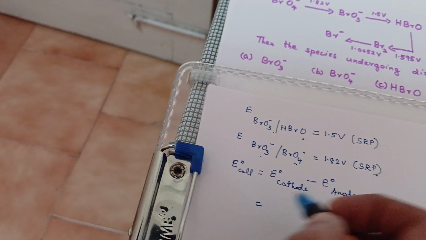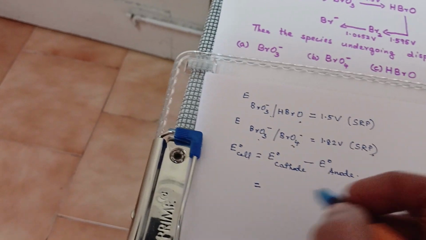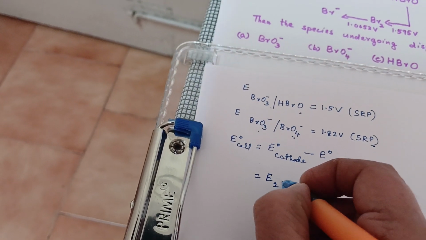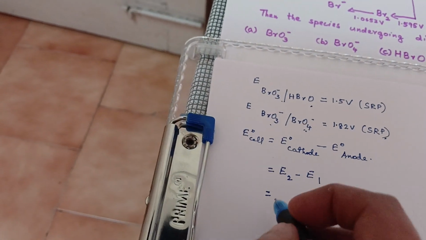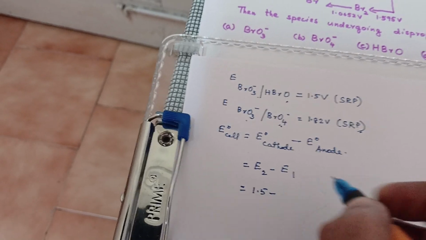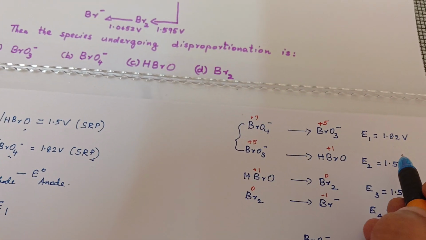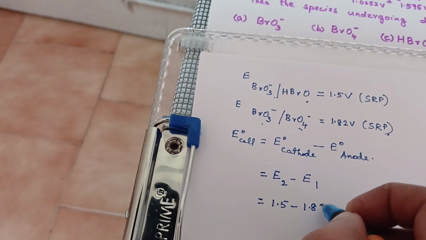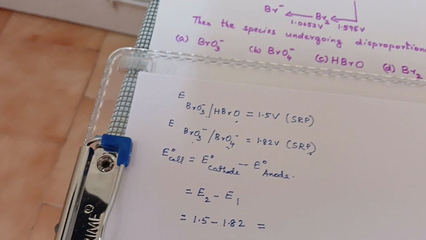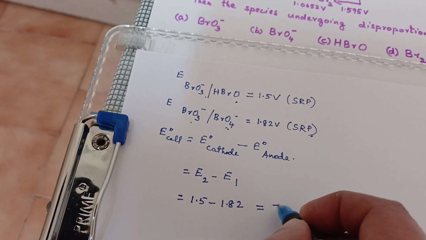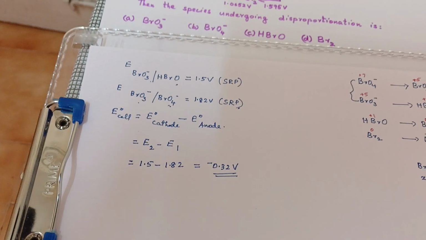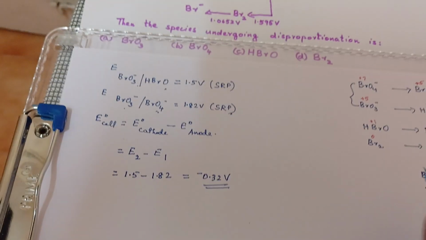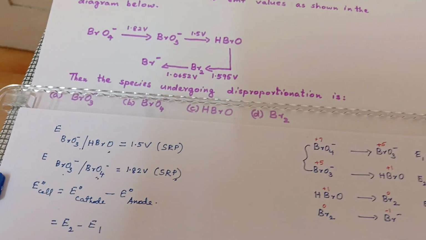So we can write here E2 minus E1. If we write it, E2 is 1.5 minus E1 is 1.82. We will get the value as minus 0.32 volts.